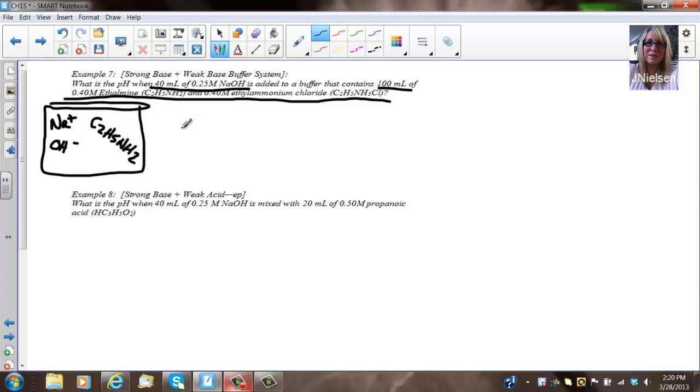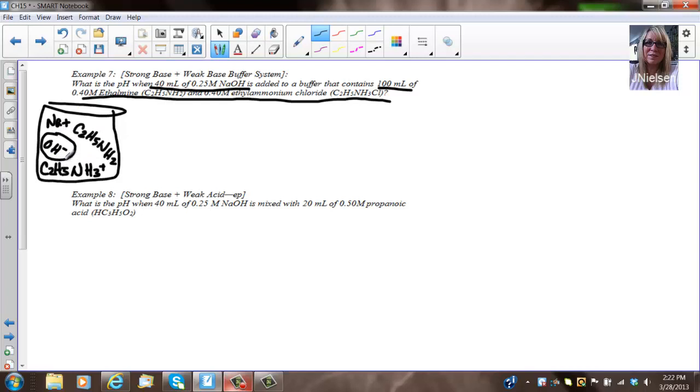And ethylammonium chloride, I'm going to have the Cl ion in here, which I'm not interested in, and then the C2H5NH3 plus ion.